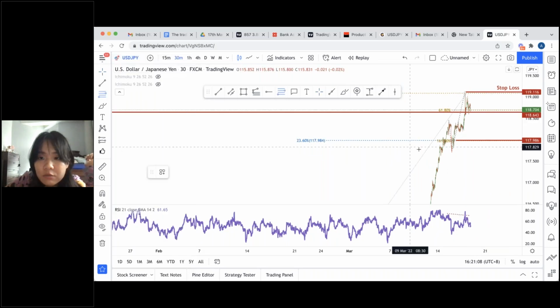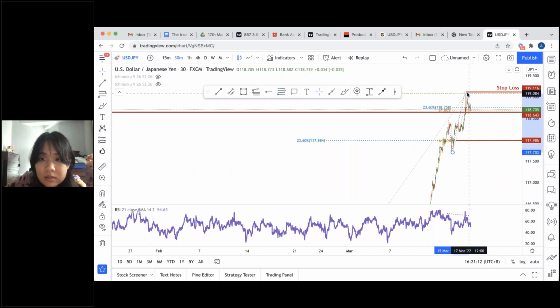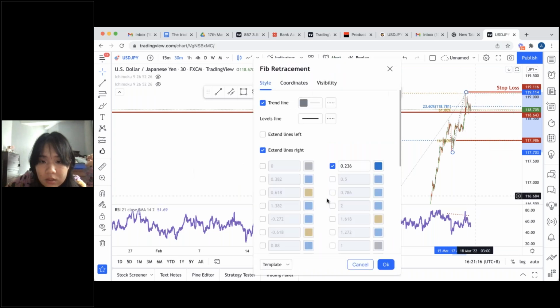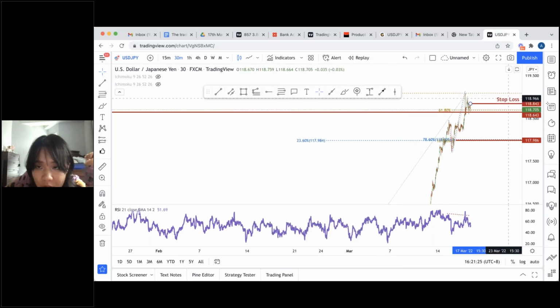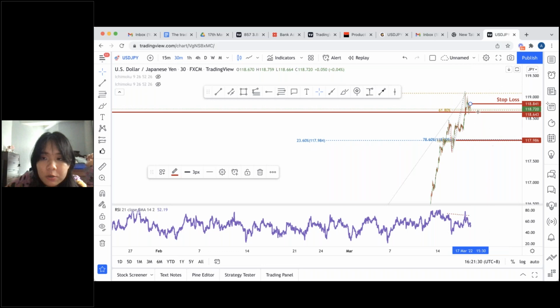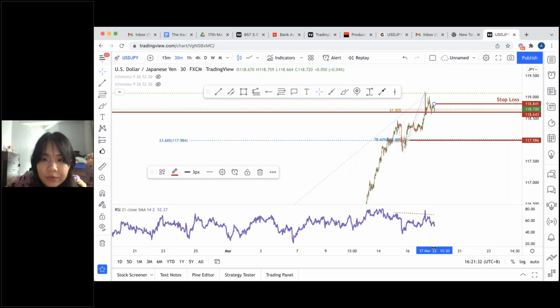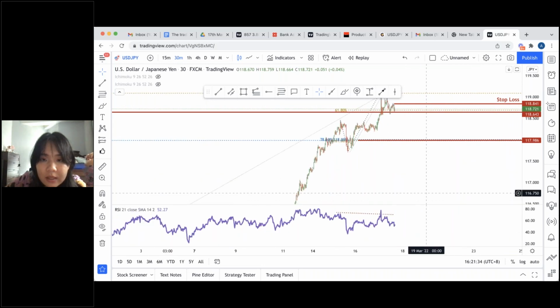Make sure you mitigate your risk if you plan on trading this. I think 1.2 is here. If you guys want to trade this, I would say set your stop loss very tight here, because if it bounces up, it means it's probably going to be even more bullish.